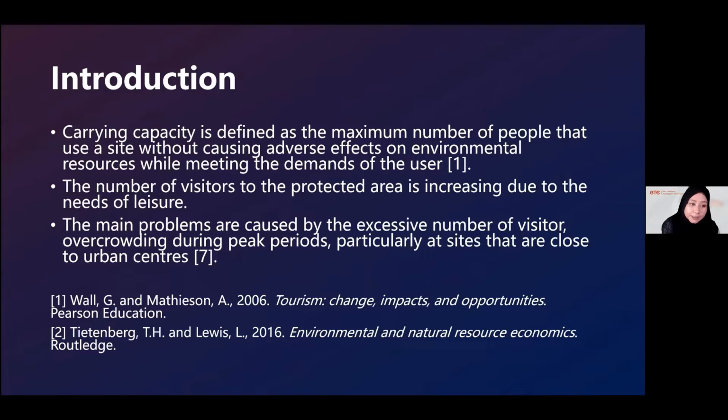So this is because even if the place is neat for leisure activities, however, to protect the area, this measurement should be assessed. If there is an excessive number of visitors, overcrowding in the area, it will cause damage in the long term.